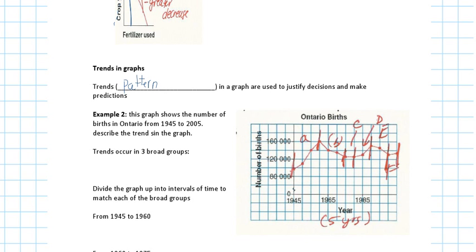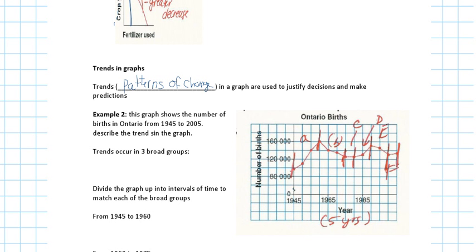What that means is, a lot of times if you're buying stocks, or if you are a government and you want to make decisions on how many schools to open, or if you're a school board deciding whether to open a school, or if you want to buy more property in this area, they use these trends in the past to see what's happening, so they can make decisions for the future.